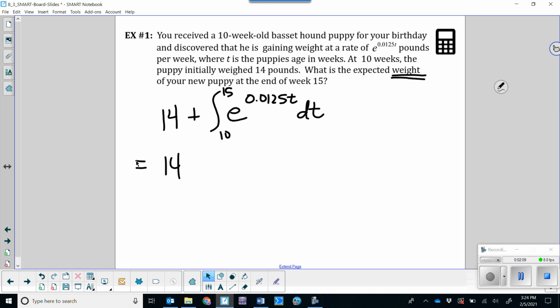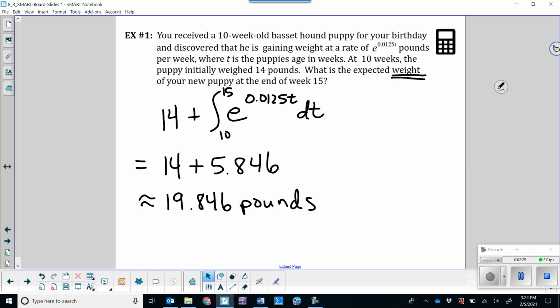So obviously calculator question. So 14 plus, and then when I do this in the calculator, I get this. And so I'm going to say approximately 19.846 pounds.